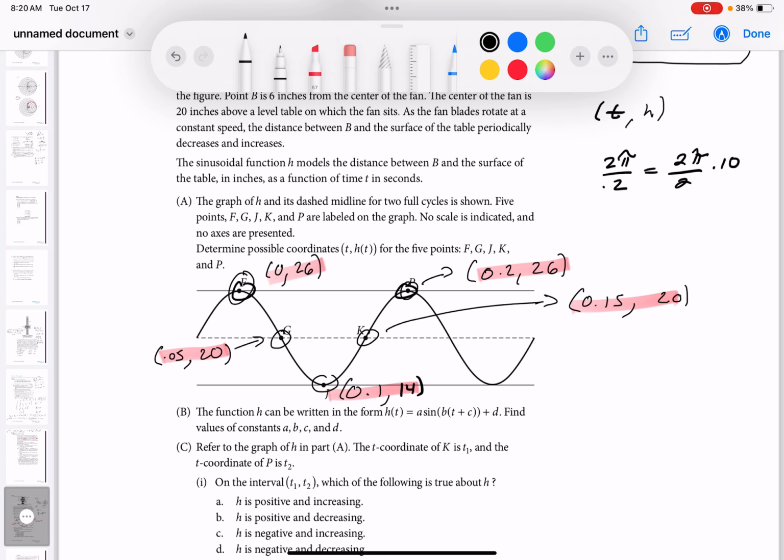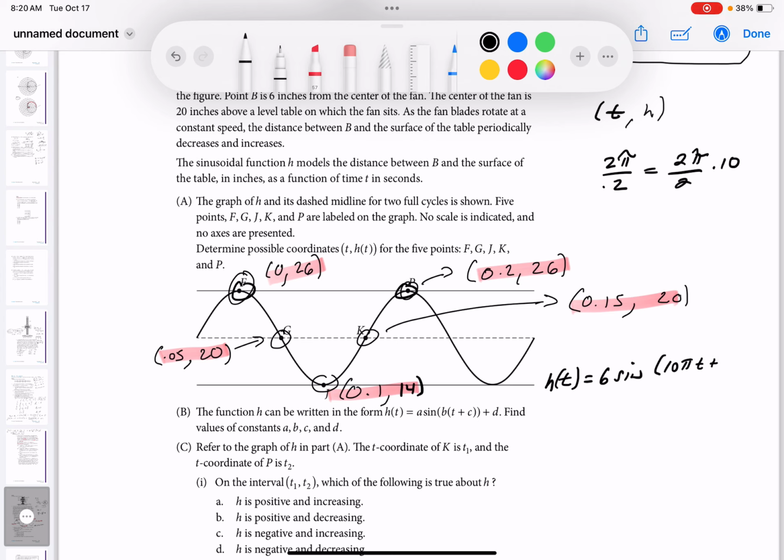But anyway, I'm going to get to that strange way in a second, but I want to write this h of t down the way I like to write it down. So again, I got the amplitude as being 6, and I'm going to say sine of 10 pi t plus some shifting of it, all right?